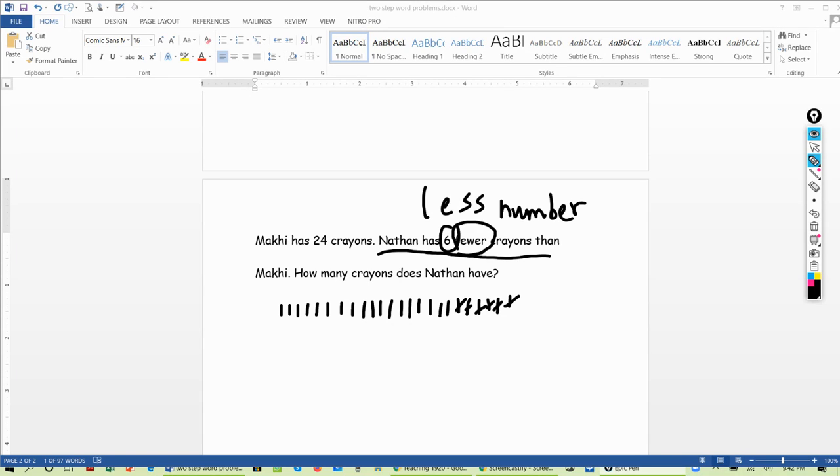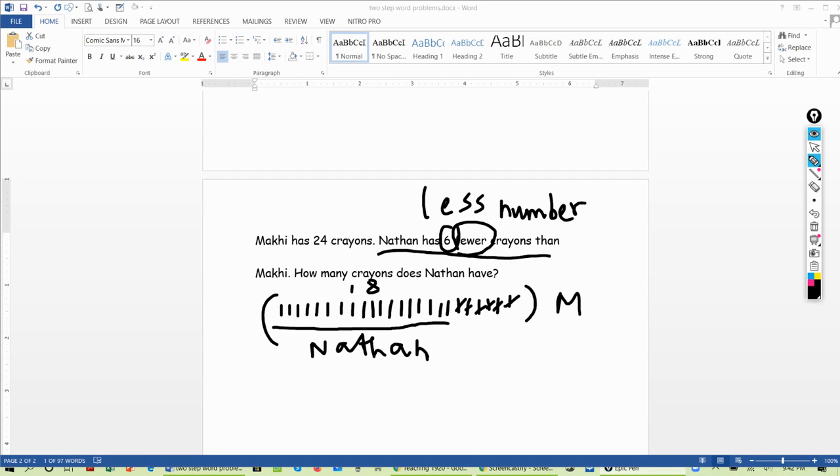Now when you count the rest, you will know that many crayons. So this whole thing is Makai's. And after you cut this much, whatever is left is Nathan's. Right? So let's count that. That's 1, 2, 3, 4, 5, 6, 7, 8, 9, 10, 11, 12, 13, 14, 15, 16, 17, 18 crayons.